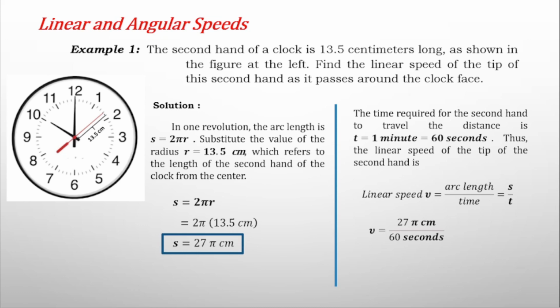One full rotation of the second hand is equivalent to 60 seconds, so the denominator, or the time t, is equal to 60 seconds.